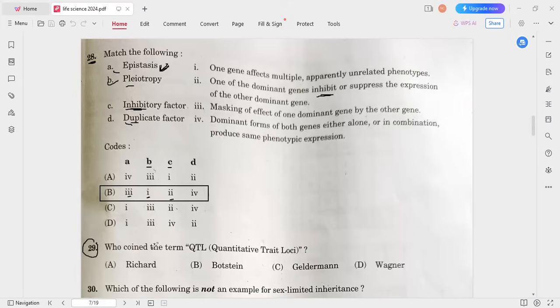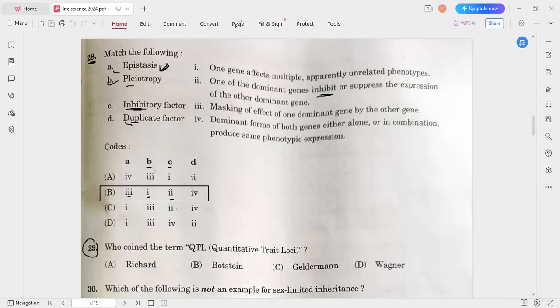Who coined the term QTL, quantitative trait loci? Usually quantitative trait loci is defined as a region of the genome, or locus of a gene, that is associated with an effect on a quantitative trait.